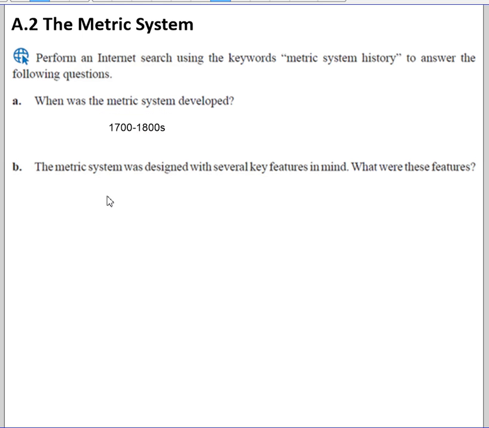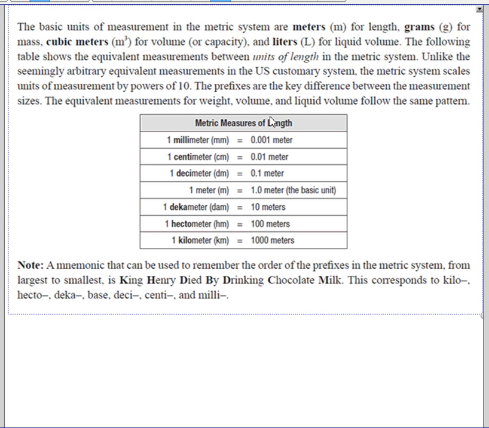And two of the key features are that it's universal, and another one is that it's very easy to convert, to go from one unit to another, real easy conversions. And so here's a chart that shows the conversions.